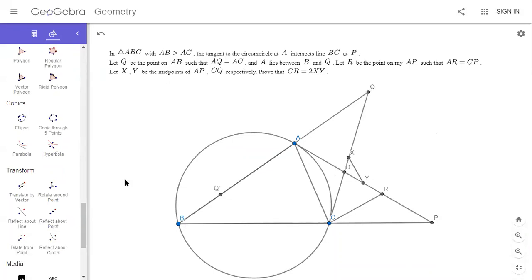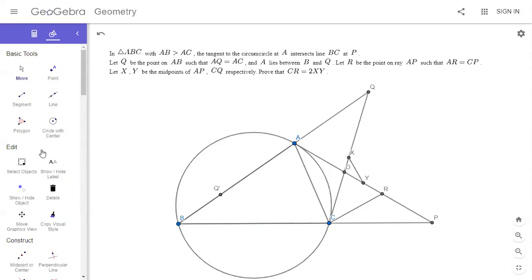So the reflection of Q over A. And so then we have a right angle. And we know AQ prime R and ACP are congruent. Did you say AQ prime R and ACP? Yeah. Yes. Yes. All right.